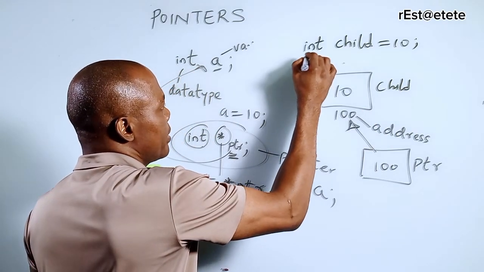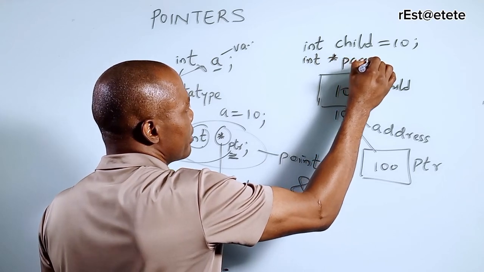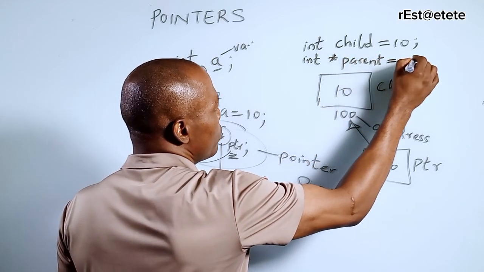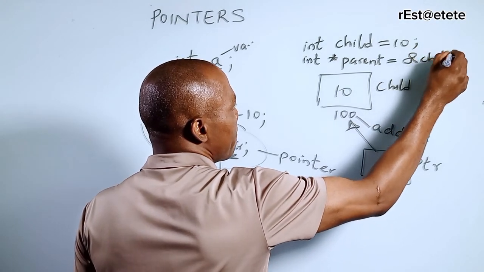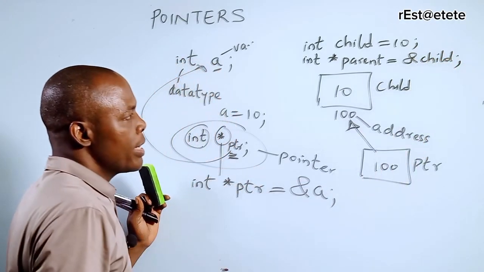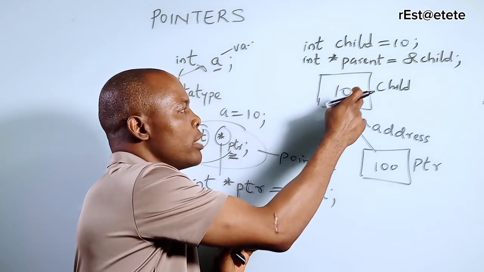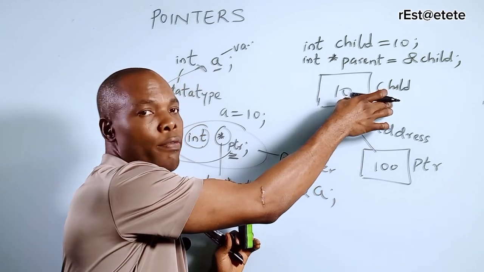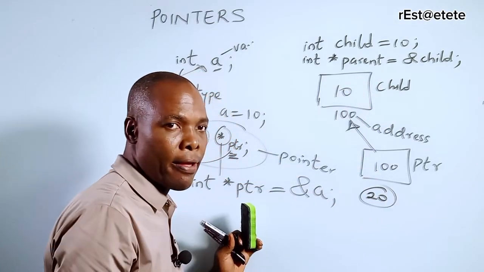Then I say int pointer parent. This will point to the address of child, right? Now, if I want to print out this value of child, I want it to print out 20, meaning another character.